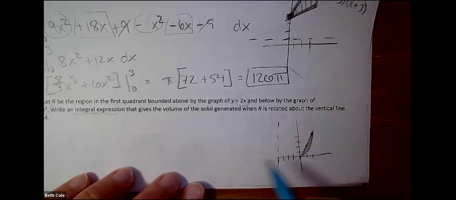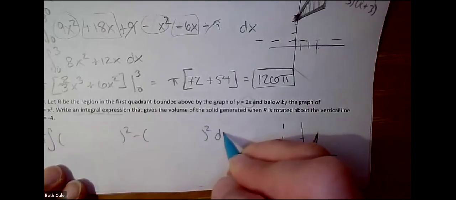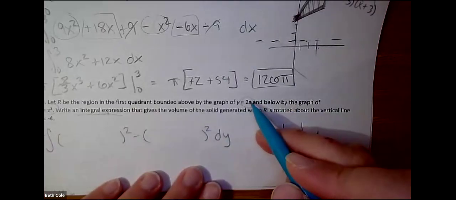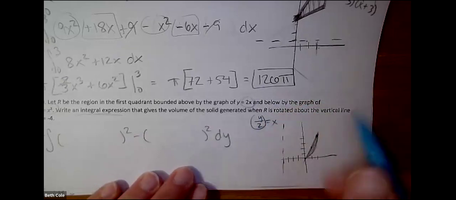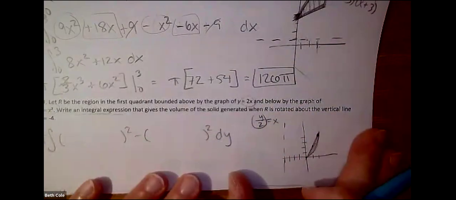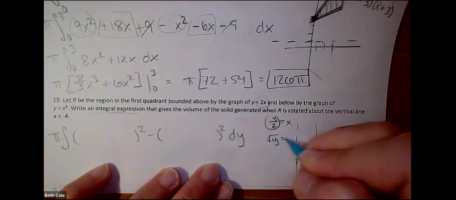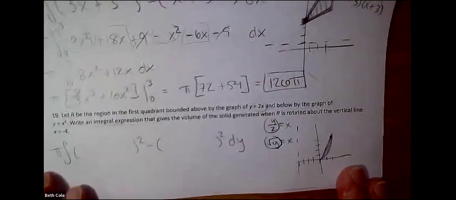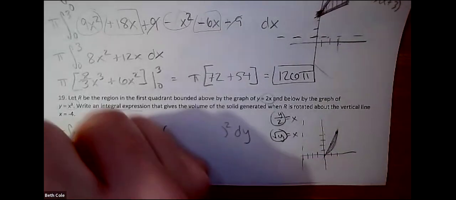So your ghost shape is going to be on this side somewhere. You're spinning this way. So it is going to be a dy problem. And I'm going to have to rearrange these equations. So for this one, I'm going to divide by 2. And for this one over here, I'm going to have to square root. All right, boundaries are going to be y values, so I want to do 0 to 4.